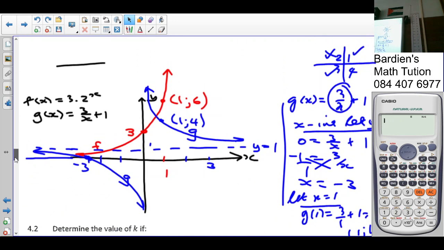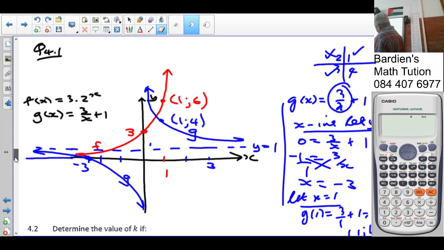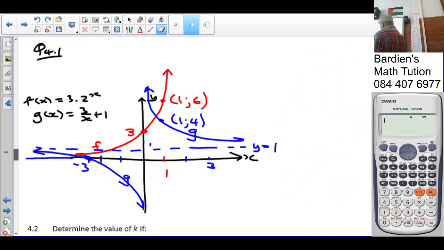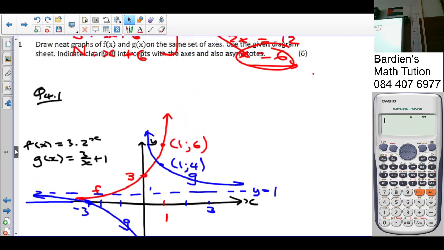Any confusion at this point? Question 4. I just thought that for the 4 marks, if we just put down the coordinates of negative 3 and 0, and 0 and 0. Yes. We just want to give you marks, unless the question says, besides the axis, you must have another point on the graph. He didn't say that.